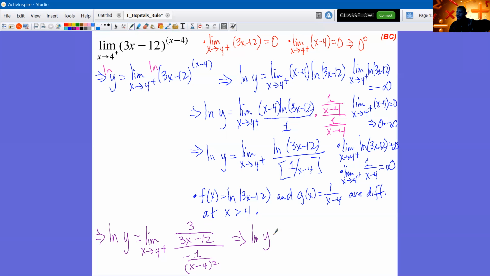So that's natural log y. It's going to give me 3. So I'm going to factor out a 3. And then it's going to cancel here. So that's going to leave in the top a 1 over, and I cancel one of these down here, which is x minus 4. And it's still negative. Okay? It's still negative.